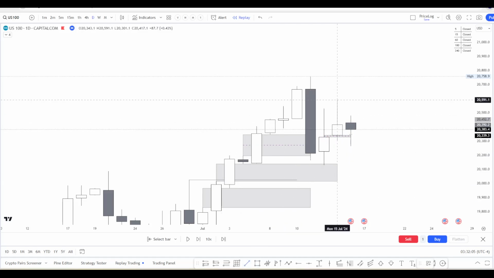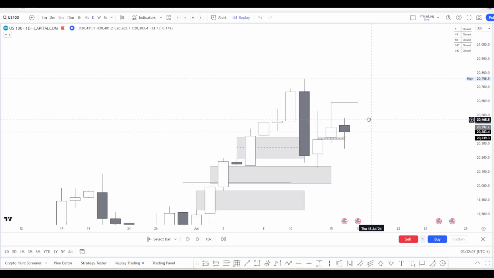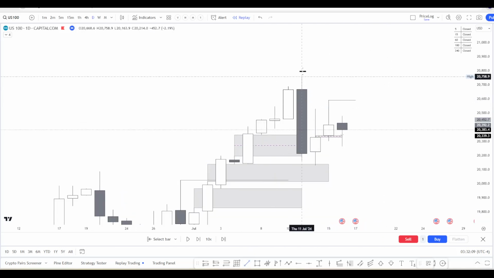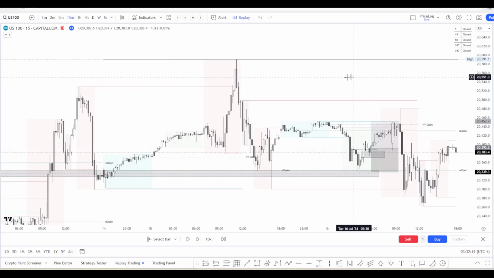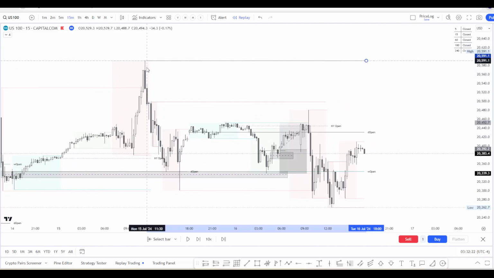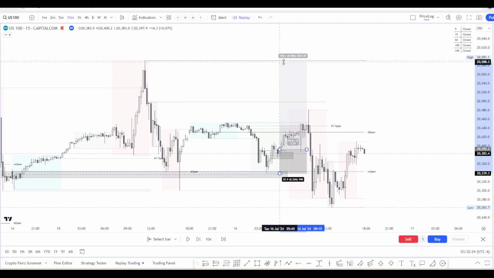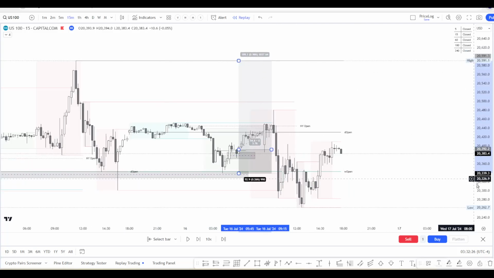So our draw would be this high here, eventually. If we fail to get that, then we know that that would be our invalidation. Okay, so this up here would be the high that we would aim for. It would give us a great risk to reward.